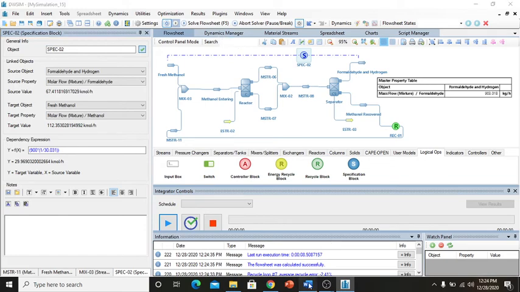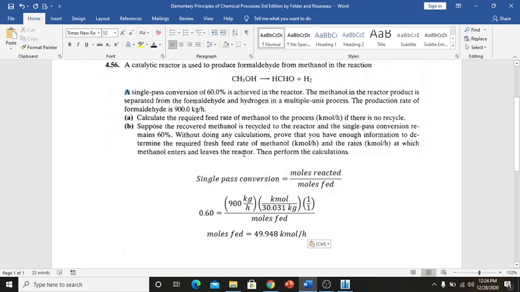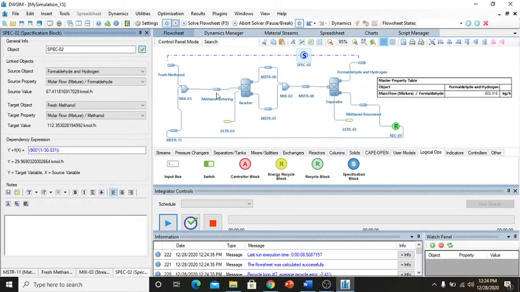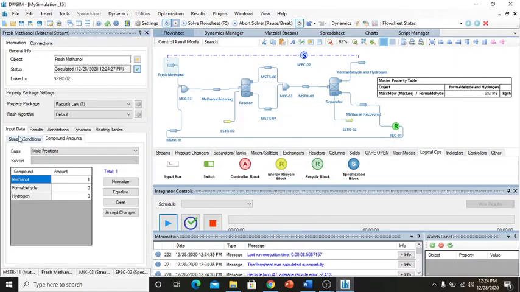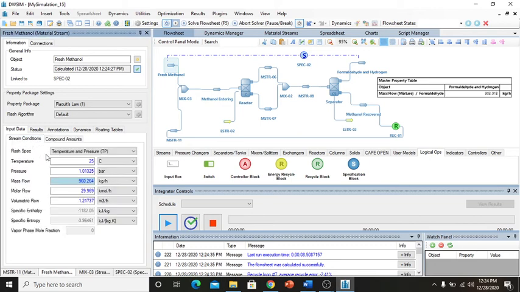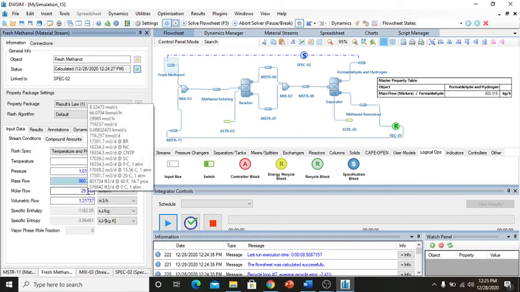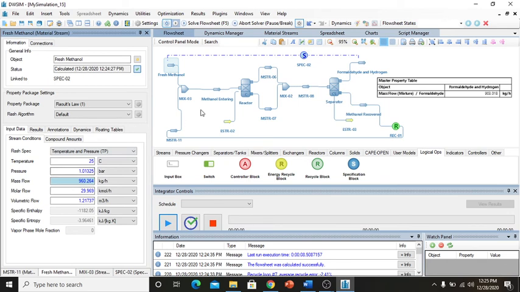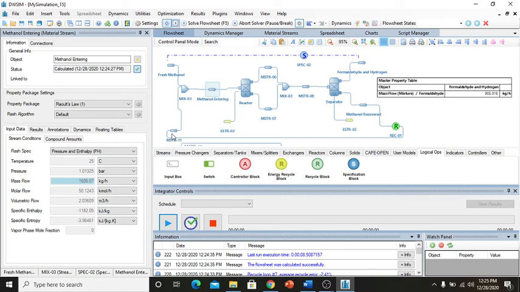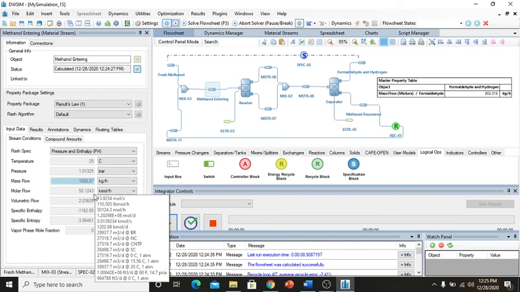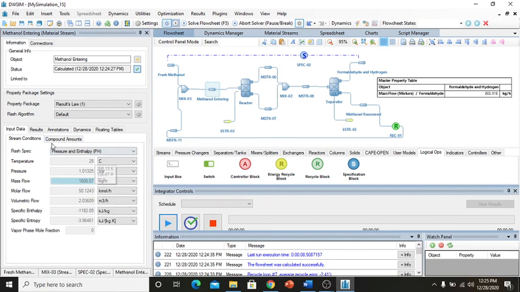So in the problem we are asked for the fresh feed rate of methanol and the rates at which methanol enters and leaves the reactor. According to DWSIM, the fresh methanol feed rate is 29.969 kilomoles per hour. The methanol entering the reactor, that is the fresh methanol and the recycled methanol combined, is 50.1243 kilomoles per hour.